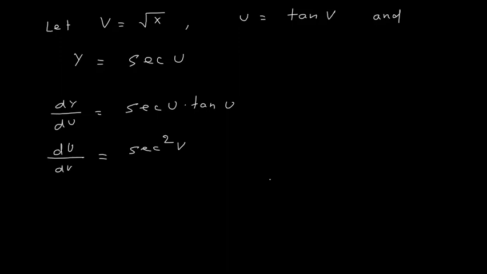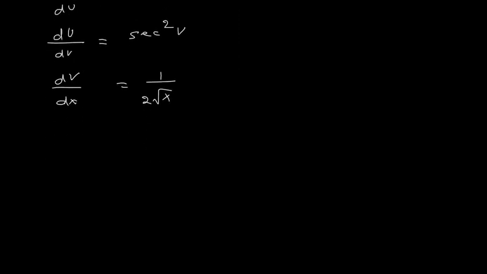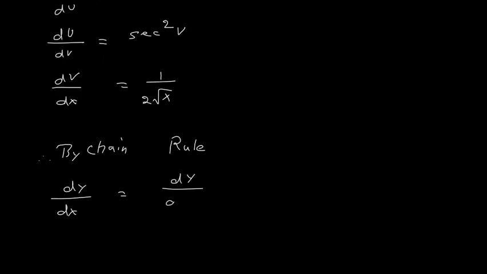And then I will differentiate v with respect to x, so dv upon dx is 1 upon 2 root x. Therefore, by chain rule, dy upon dx is equal to dy upon du into du upon dv into dv upon dx.